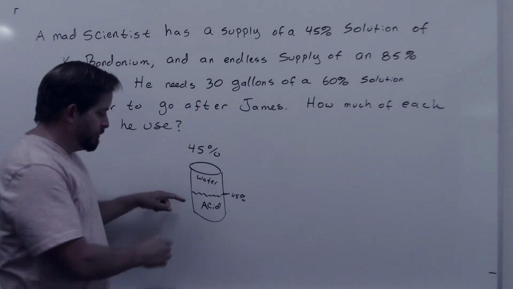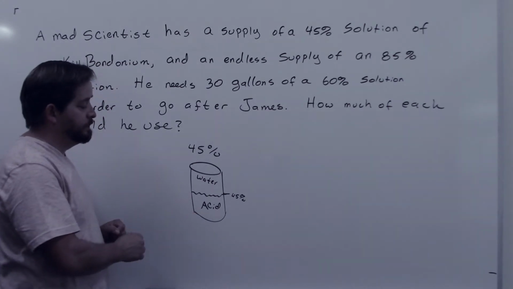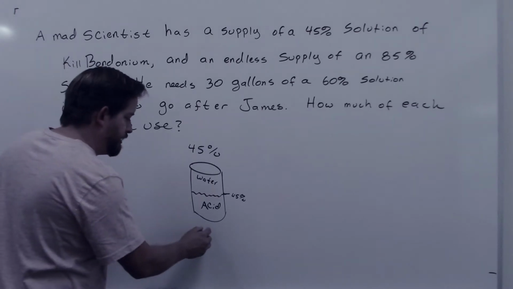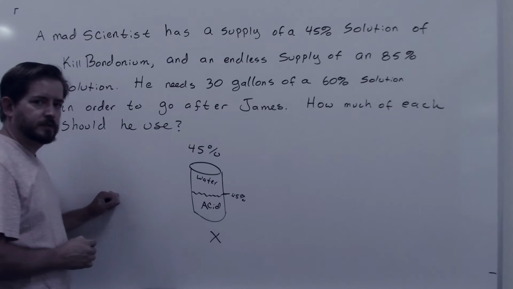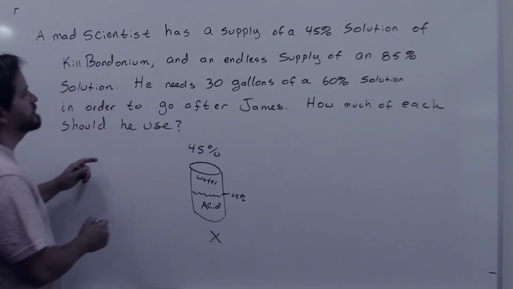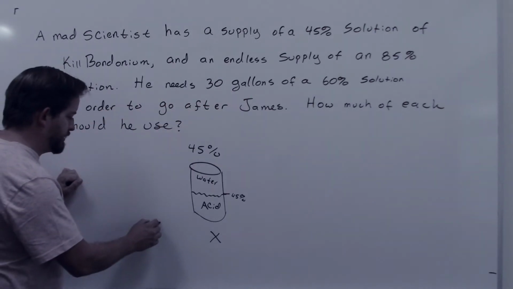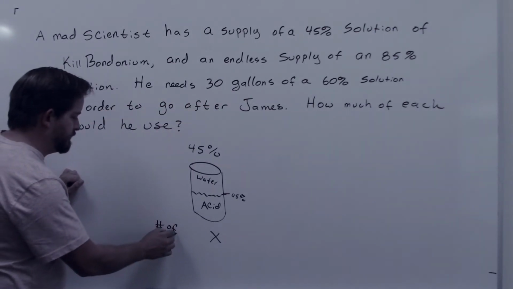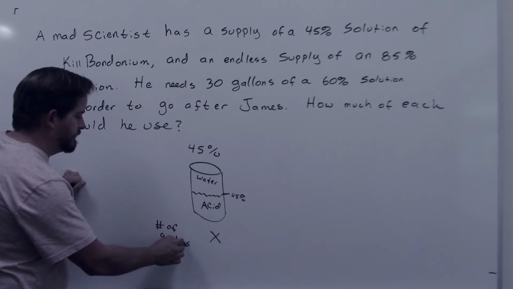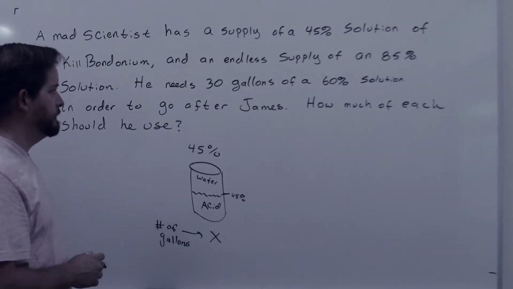The thing that I don't know about this container is how much I want to use, so I'm going to call that X, the number of gallons of the 45% solution.